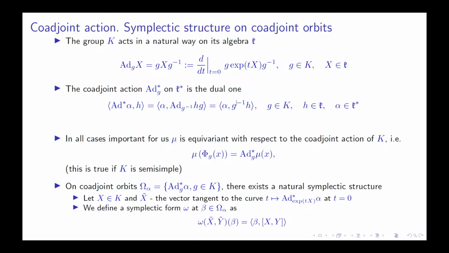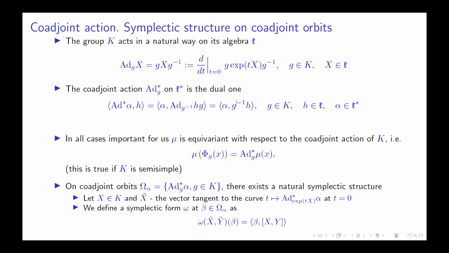The symplectic structure is connected with the action of the group on its own Lie algebra. You know that this is the natural action of the group on its Lie algebra, the so-called adjoint action, which is defined here and can be written in this differential format.